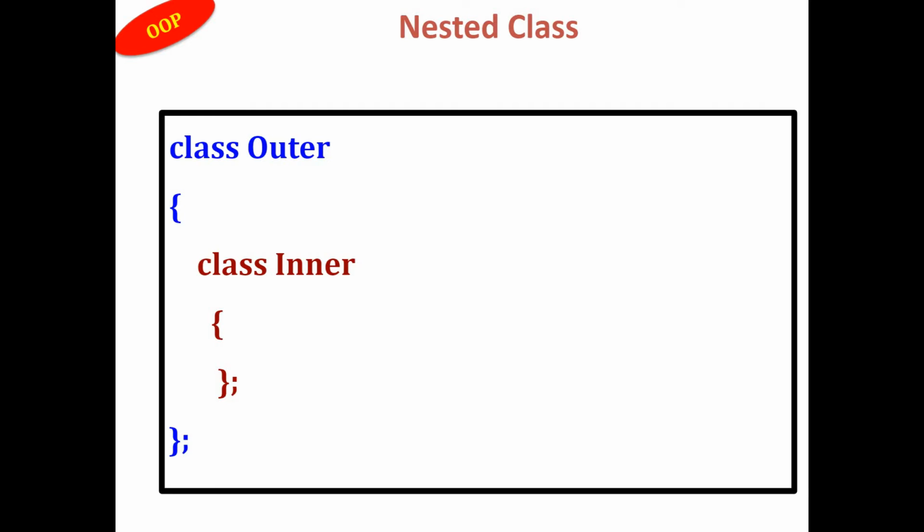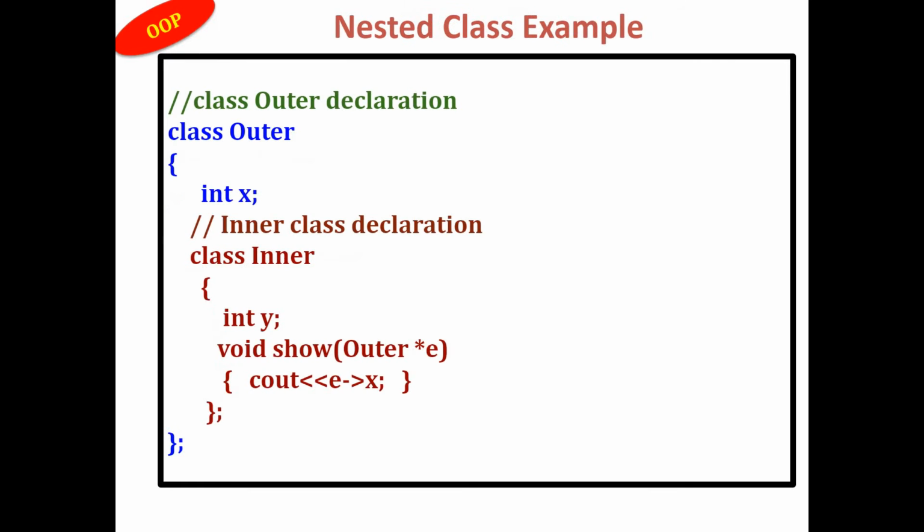Now, related to class outer and class inner, if this is an example, as we can see, X is a private member of the outer class and Y is a private member of the inner class. Now, if the inner class members want to access the outer class private member, they can, but they have to create an object.